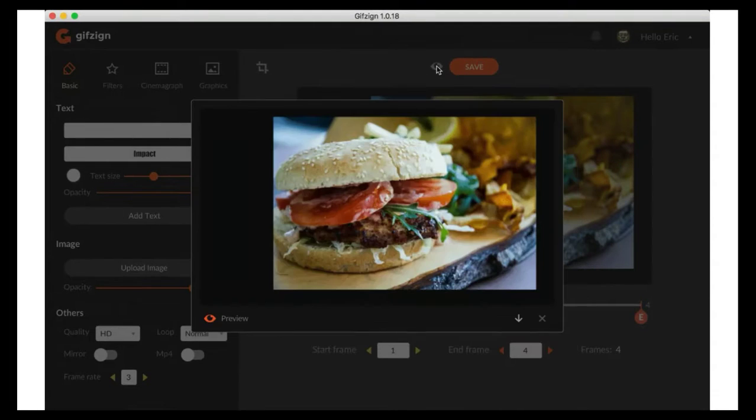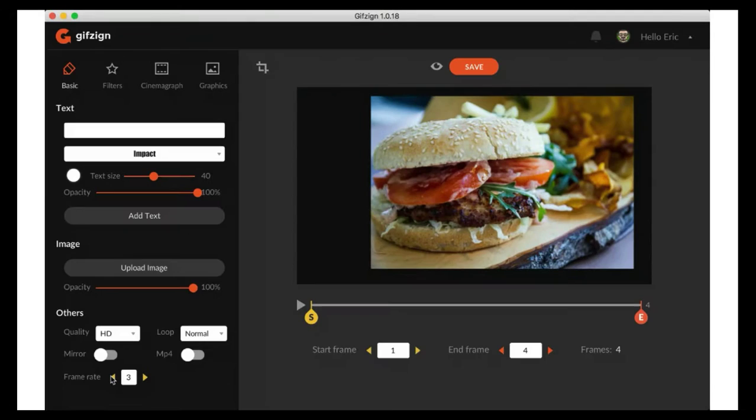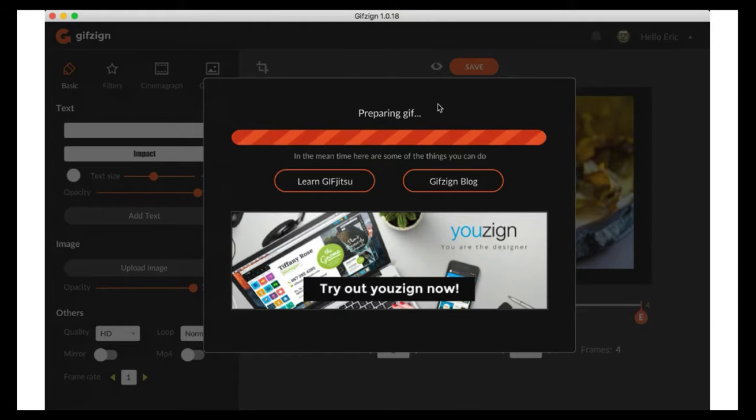Click that little eyeball to test it, because you don't want to save it, you just want to test it, okay? All right, okay, so I can adjust that right there. I can adjust that all the way down, and notice that it will play much slower now.